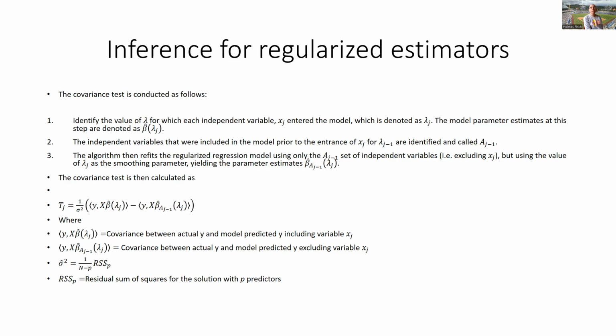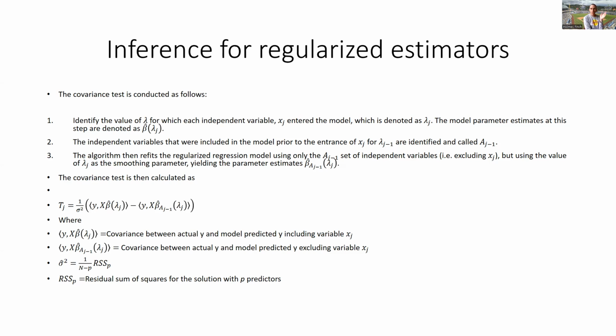We're going to call the independent variables that were in the model right before that, the set of independent variables that were not zeroed out right before we entered the k-bit score we're talking about, x sub j, in the model, we're going to call those A sub j minus 1. That's a little subset. So A sub j minus 1 includes all the independent variables that were in the model right before we included x sub j. Okay, and they would be associated with this lambda j minus 1.